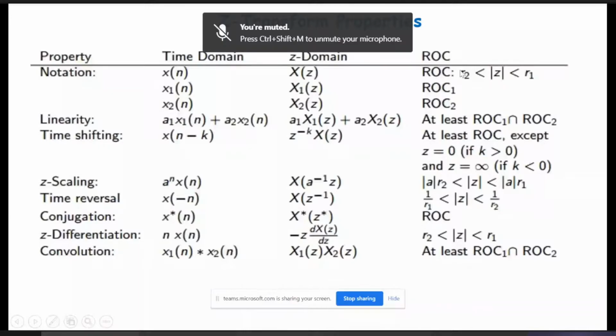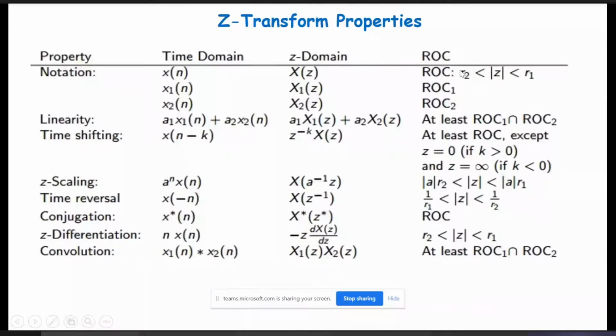Simply go through this one, and these are the concepts that will be used to understand the remaining topics. In convolution, when we convolve two signals, x1 convolution x2, then in Z domain they get multiplied.